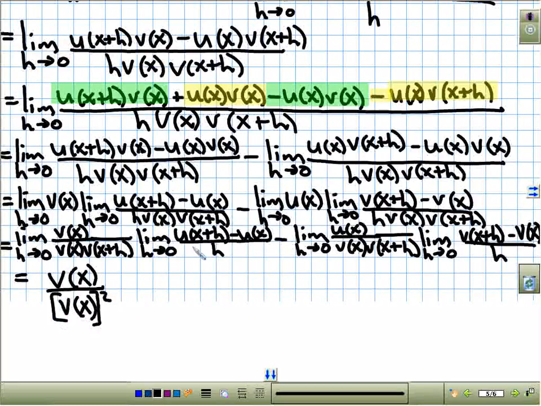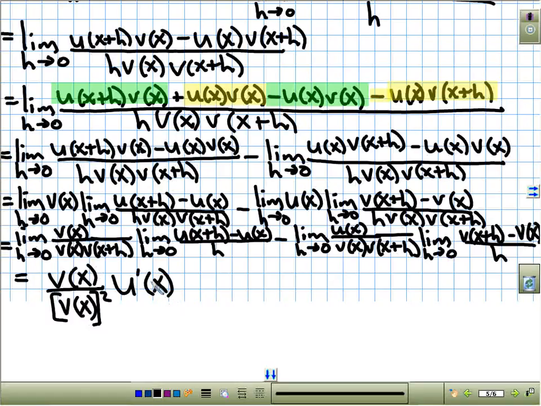And then for this second term, the limit as h goes to 0 of u of x plus h minus u of x over h, that by definition is u prime. That's the derivative of u. So now notice what we have. We have v of x over v of x squared times u prime of x.